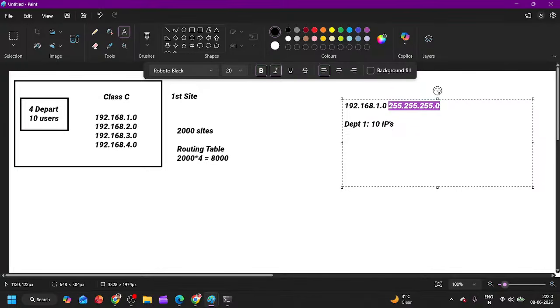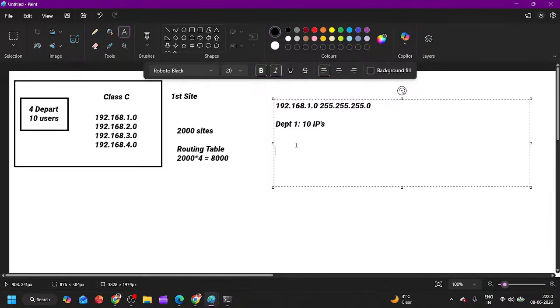If I convert this subnet mask into binary, then binary is going to be what, guys? This is the binary of my subnet mask.